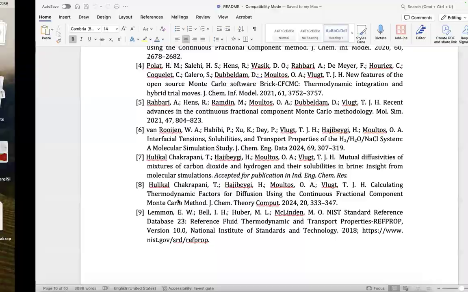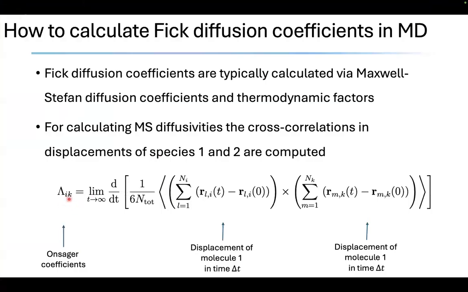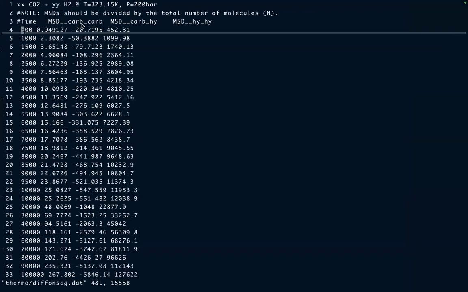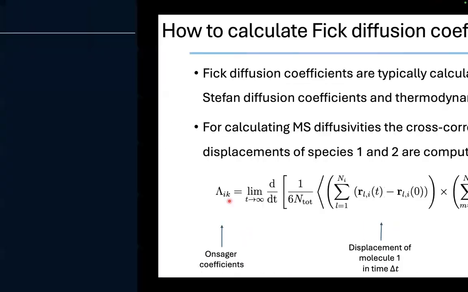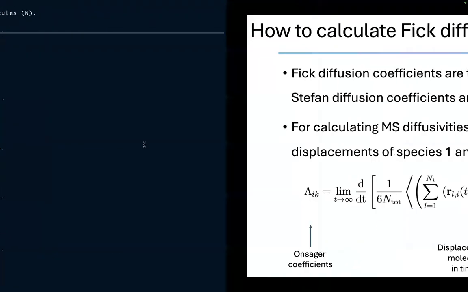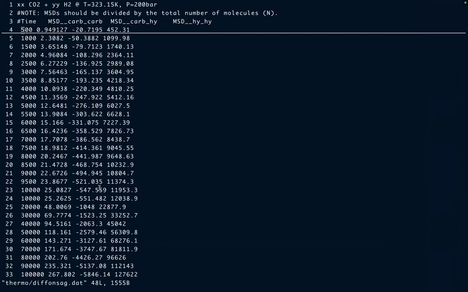And as I've shown previously, the ik here can be where i is carbon and k is carbon, which corresponds to the first column. I is carbon, k is hydrogen corresponds to the second column. And then hydrogen, hydrogen corresponds to the third column.